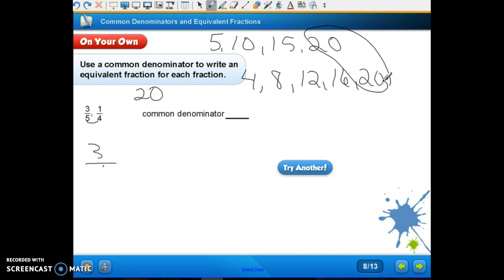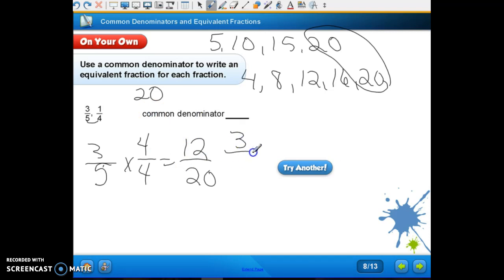Okay? So if I'm going to make 3/5 into 20ths, what am I going to multiply 5 by, Faith, to get 20? 5 times what is 20? 4. If I do it in my denominator, I have to do it in my numerator. So 3 times 4 is 12.